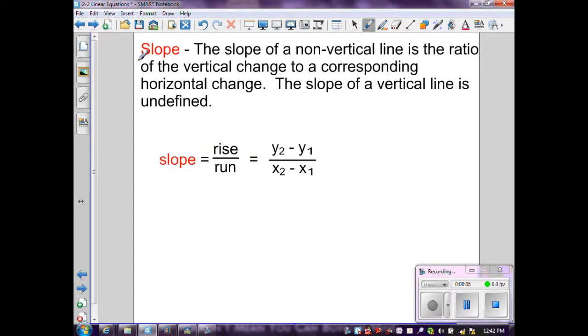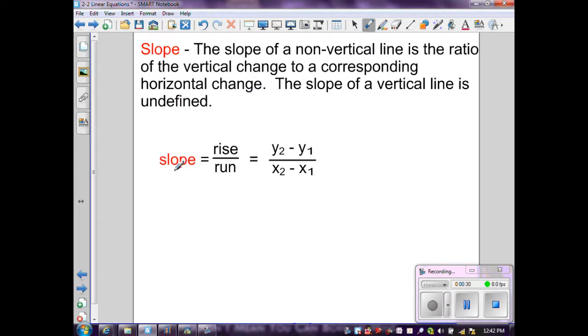Our next slide, slope. The slope of a non-vertical line is the ratio of the vertical change to a corresponding horizontal change. The slope of a vertical line is undefined. The slope on a graph is the pitch of the line on that graph. The vertical change is the change of the y values, and the horizontal change is the change of the x values.